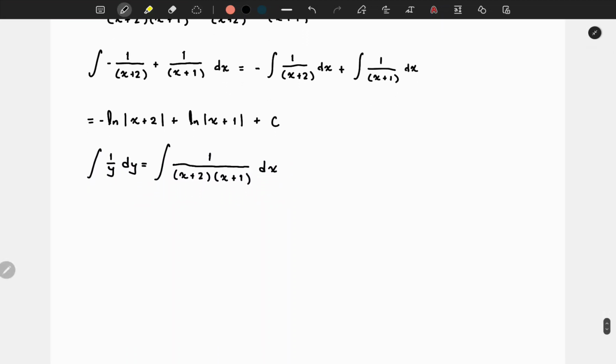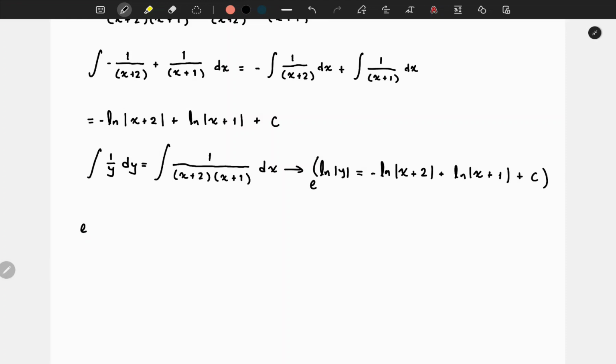So ln y is equal to negative ln of x plus 2 plus ln of x plus 1 plus C. And so we want to get rid of the natural logs. So how can we get rid of the natural logs? Well, all we have to do is raise everything to the power of e.